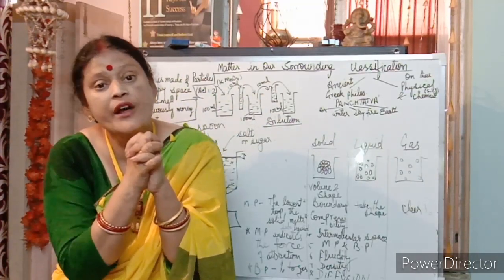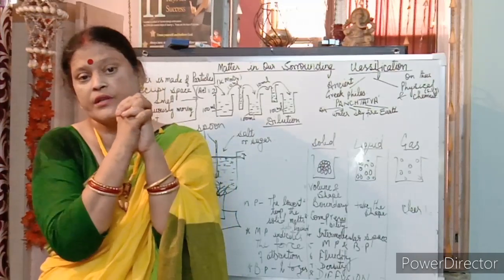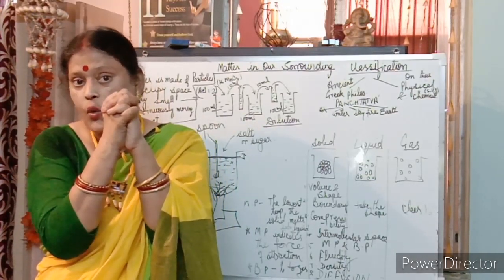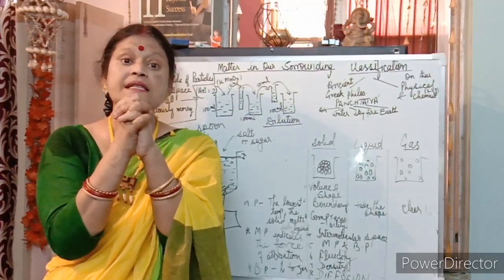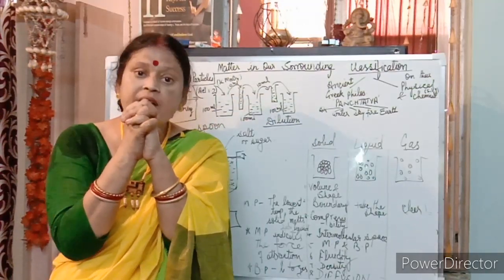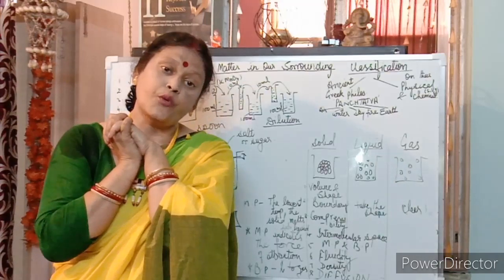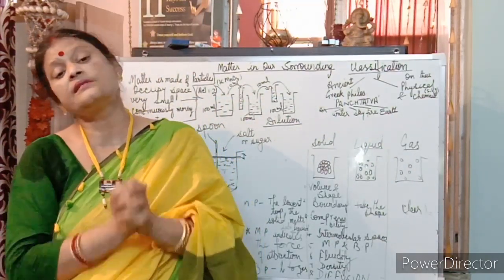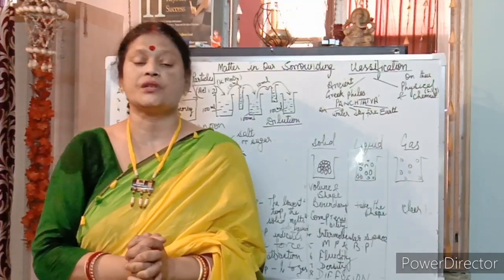So, what will you say? Very high melting and boiling point. You will not say low. High melting and boiling point means it is very difficult to melt as well as to boil the solid because their particles are tightly packed with each other.